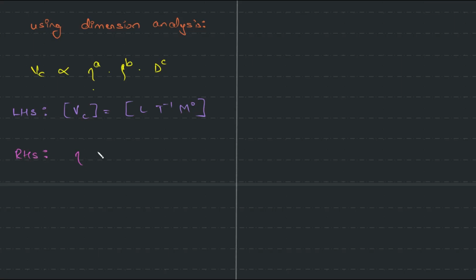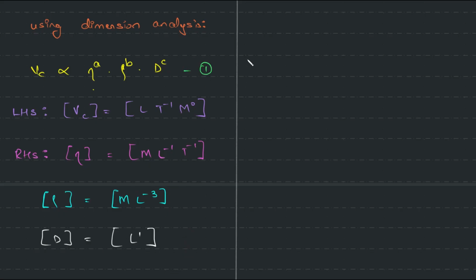We have the stickiness, which we need to know, M L minus 1 T minus 1. And we have the density, right? That's density, this you guys know. And you have the diameter, which is L to the power of 1.